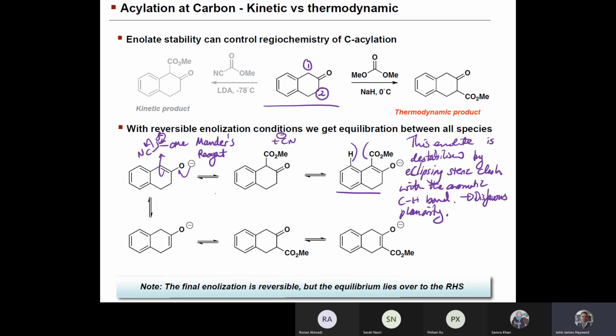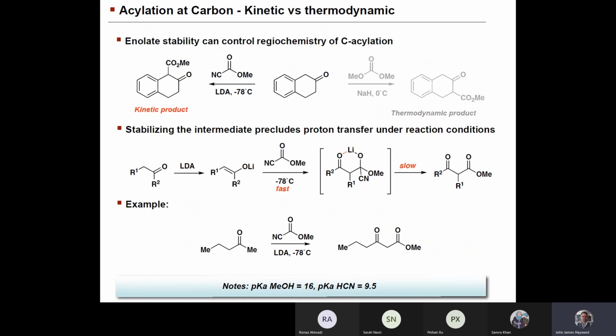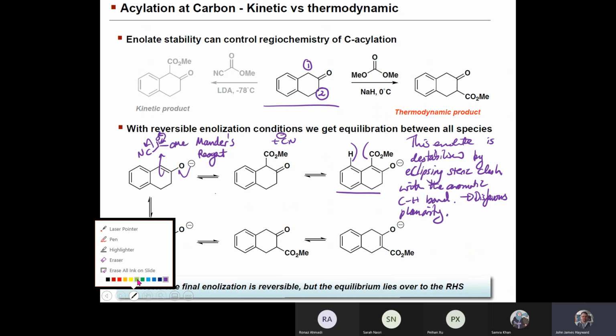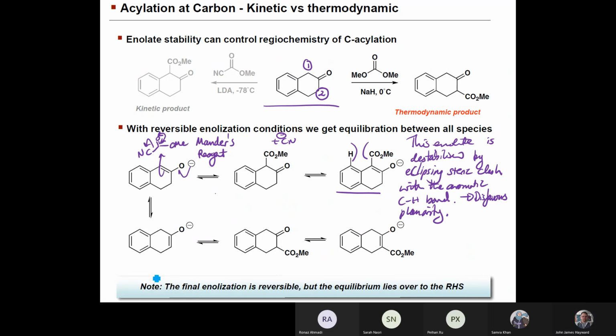However, if we react on site 2, then we end up being able to do a deprotonation that is entirely favorable. Okay, so I'm just going to switch colors for that. This is favorable because there's no such eclipsing interactions here.